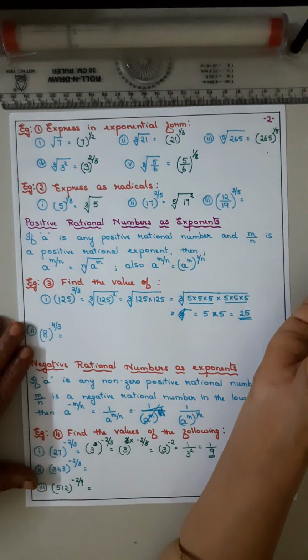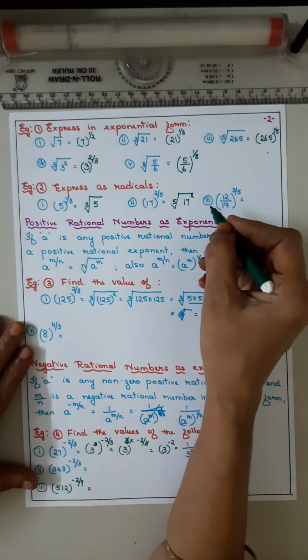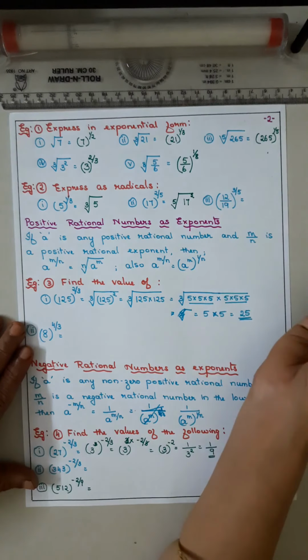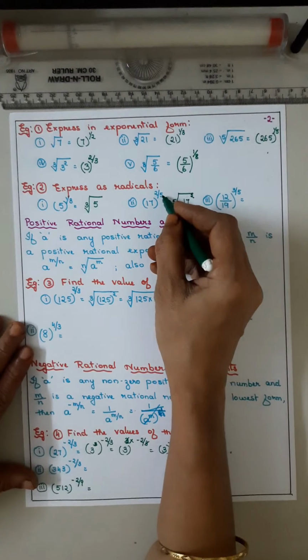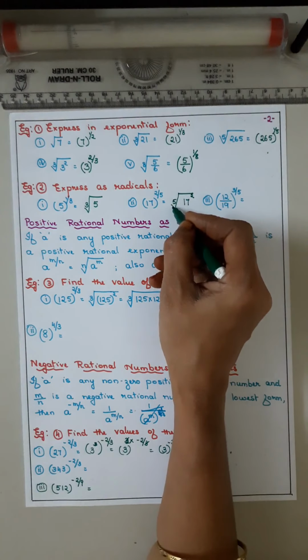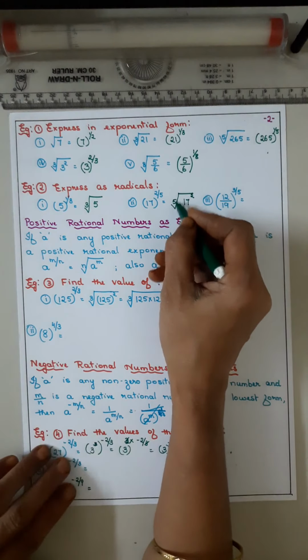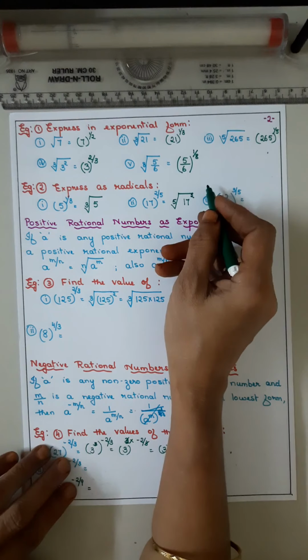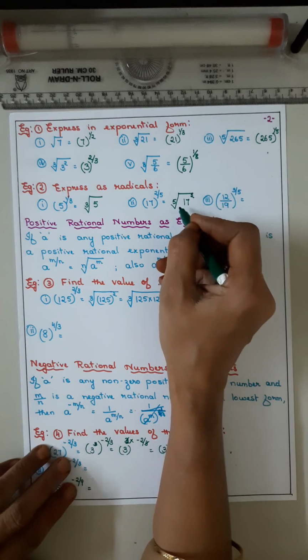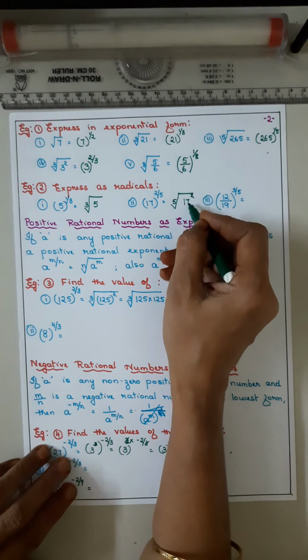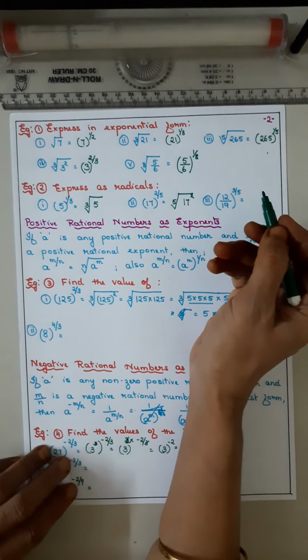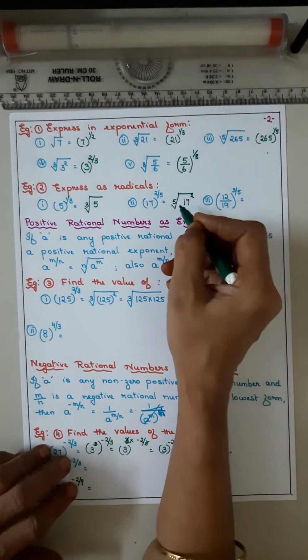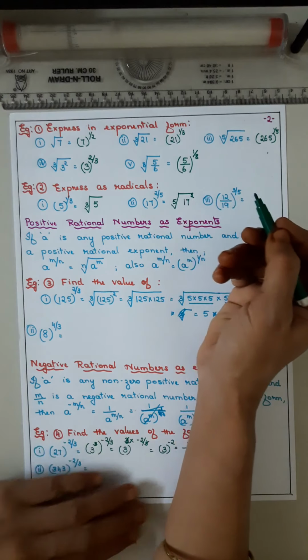So how is it read? 5th root of 17 square. So the denominator will be written outside the root sign and inside is 17, the numerator being the power 2. So 5th root of 17 square.